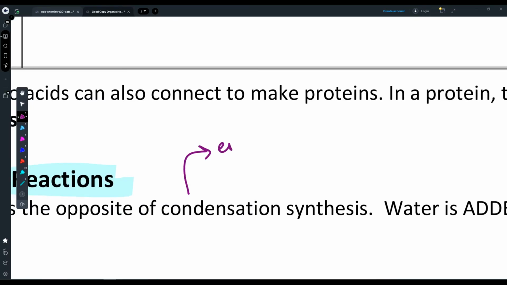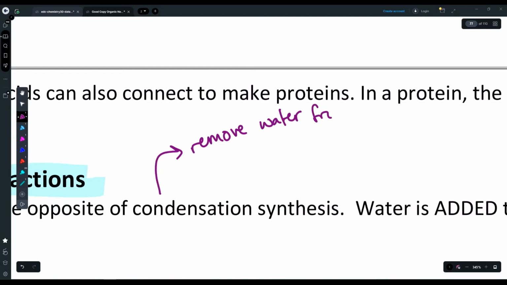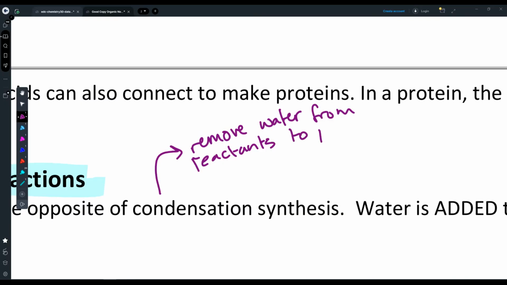So you remove water from reactants to produce water and another product.